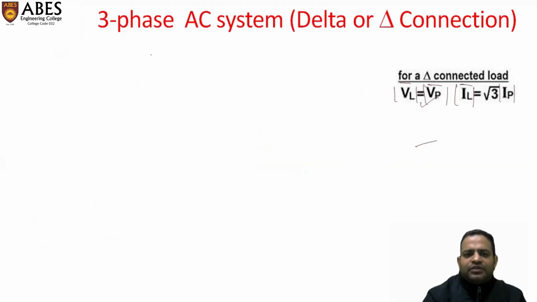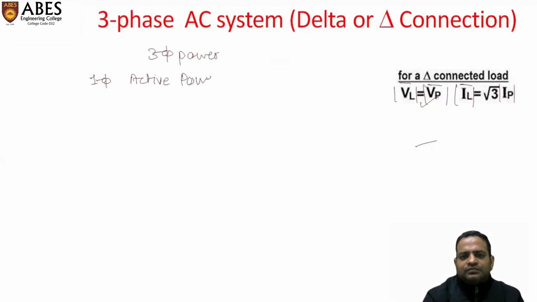Now we are talking about the three-phase power in delta connection. Again, if we have one phase, active power is Vp Ip cos phi.